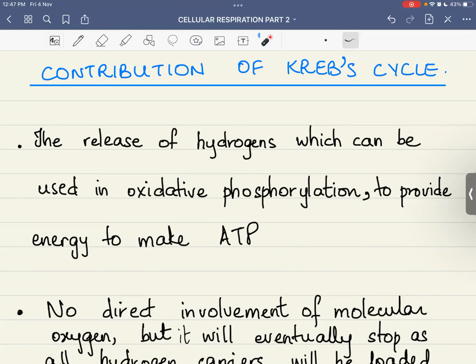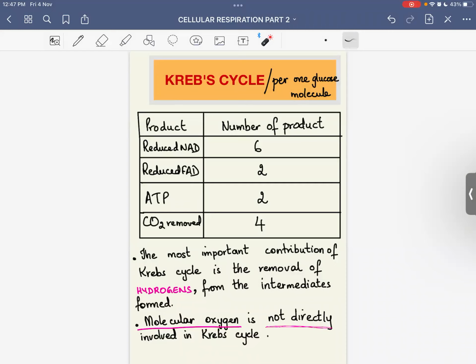So now let's do some balance sheet. This is the balance sheet of the Krebs cycle. अच्छा, the balance sheet which I have made, just look at the top. मैंने क्या heading डाली है? Krebs cycle per 1 glucose molecule. तो per 1 glucose molecule का मतलब कितने pyruvate? How many pyruvates? 2 or 1? 2. ठीक है.